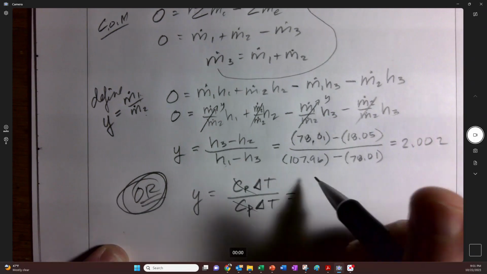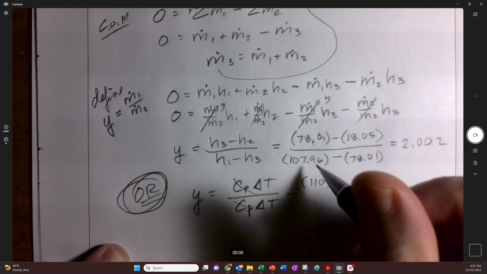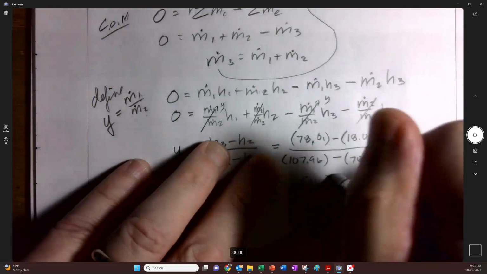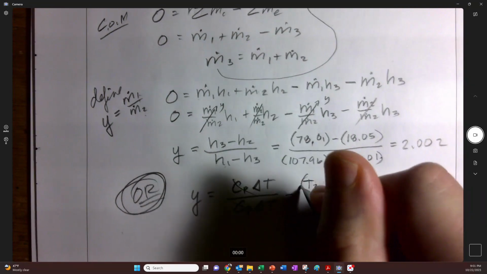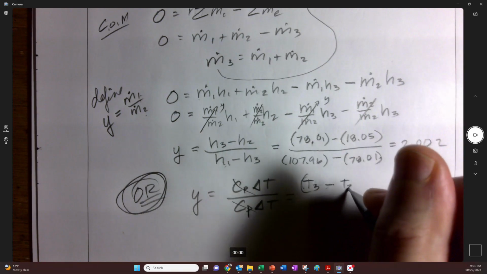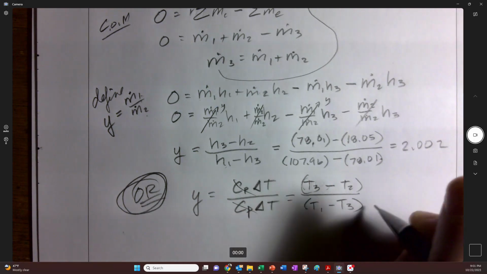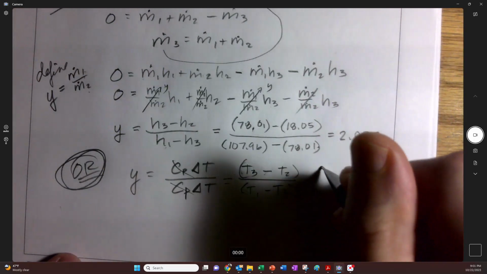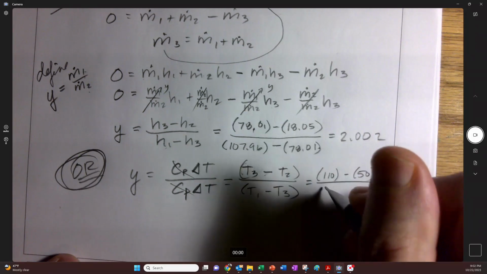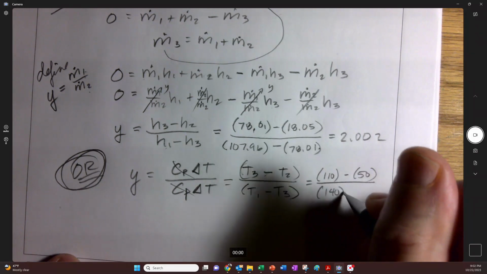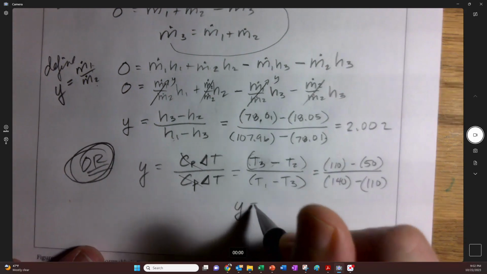So you could just take the temperature differences: T3 minus T2 over T1 minus T3, or 110 minus 50 divided by 140 minus 110. And what you get is exactly 2.